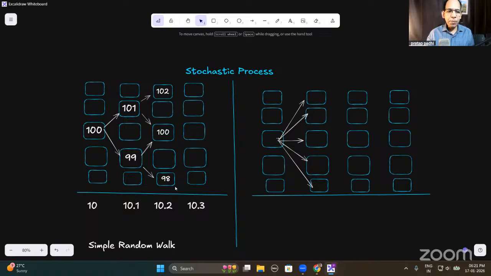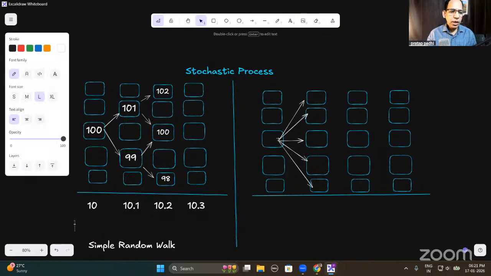If you find the expected value here, that's what I wanted to say. Here my expected value is 100. There is a concept of martingale that will come in CM2. Here the expected value of x1, the x1 random variable, is equal to 100, my wealth.